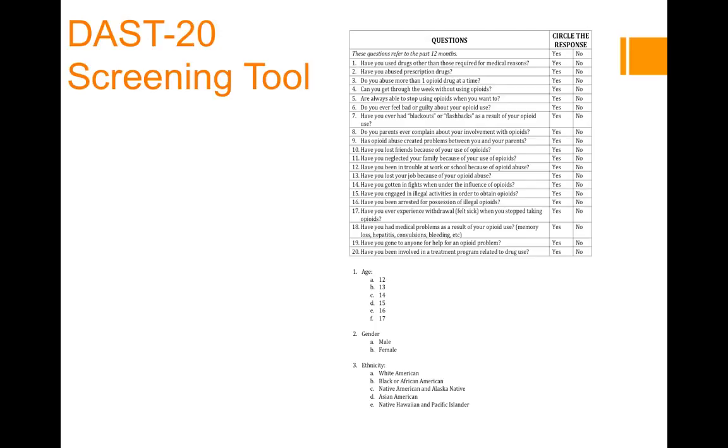And so we did ask them their age, gender, and ethnicity, and see if maybe we can pinpoint an age in which this all begins, any gender differences or cultural ethnicity differences.